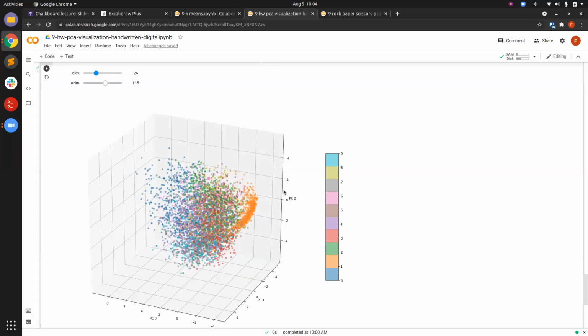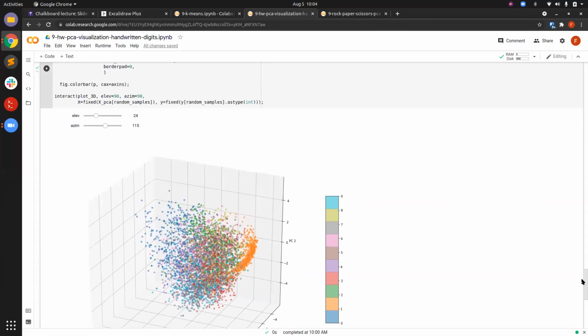Okay, so here's a slightly better view of PC2. PC2 is a little bit harder to understand. We can see that PC2 tends to be useful for some specific digits, not as useful for other digits. And there doesn't seem to be an obvious trend in what digits are separated by PC2.